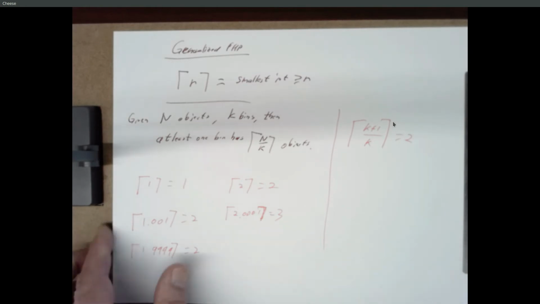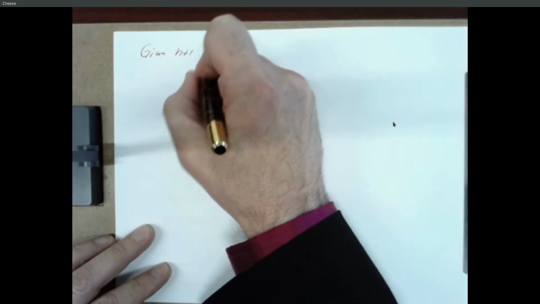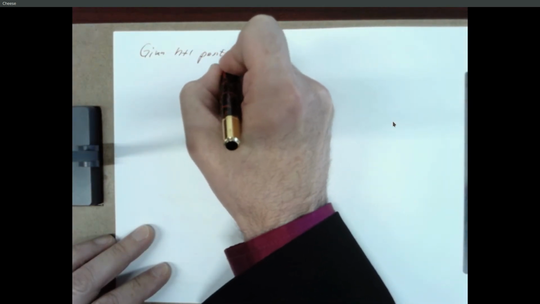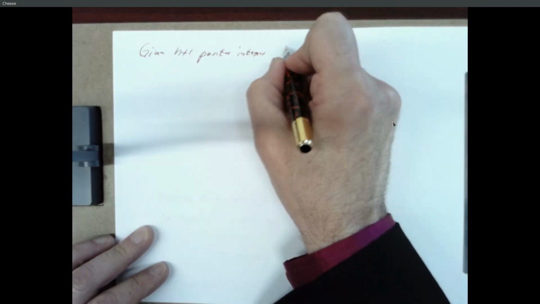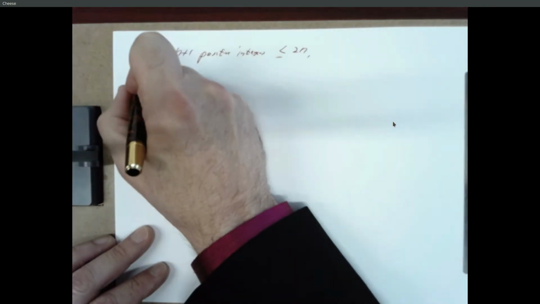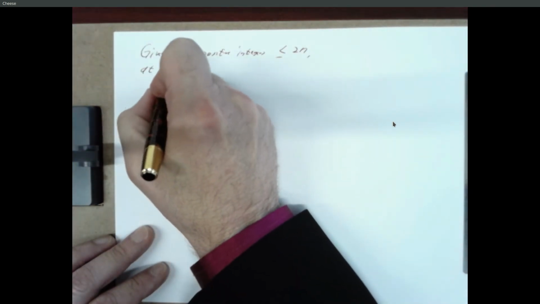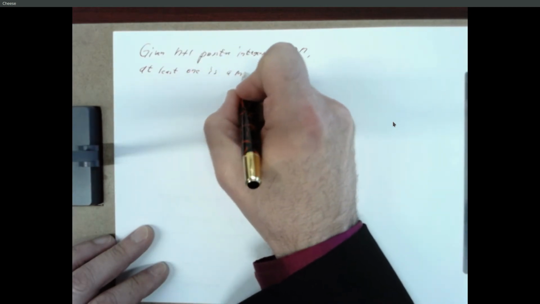All right, let me show you one more weird application of pigeonholes. Given n plus 1 positive integers, all of which are less than or equal to 2n, at least one is a multiple of another.